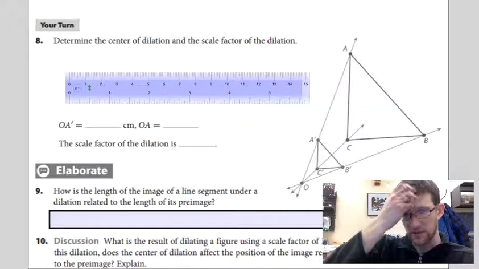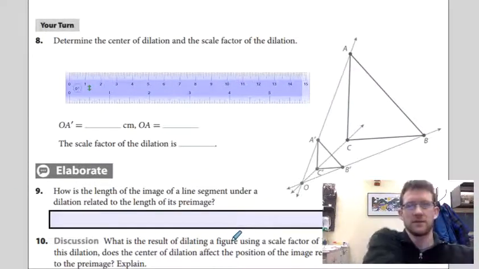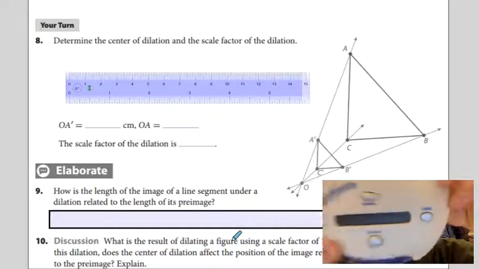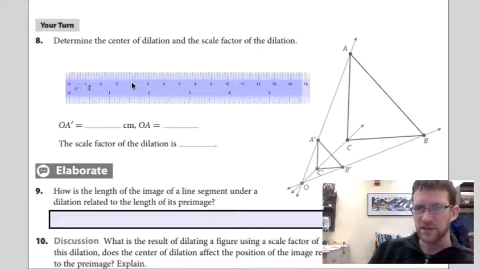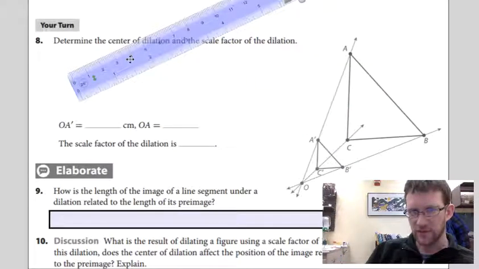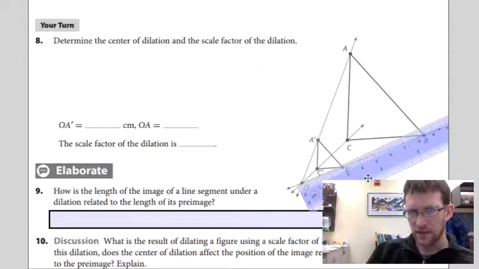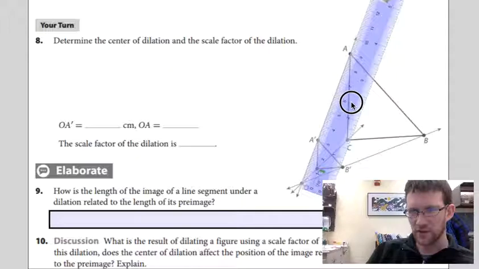Okay, see if you can do 8, 9, and 10 real quick. So pause here. Eight asks us to determine the center of dilation and the scale factor of the dilation. Same sort of deal. We can find O as the center of dilation. To find the scale factor, I can do a quick measurement here.